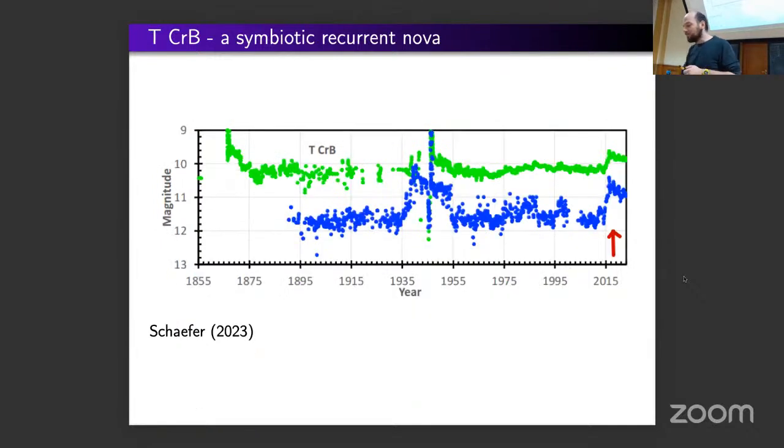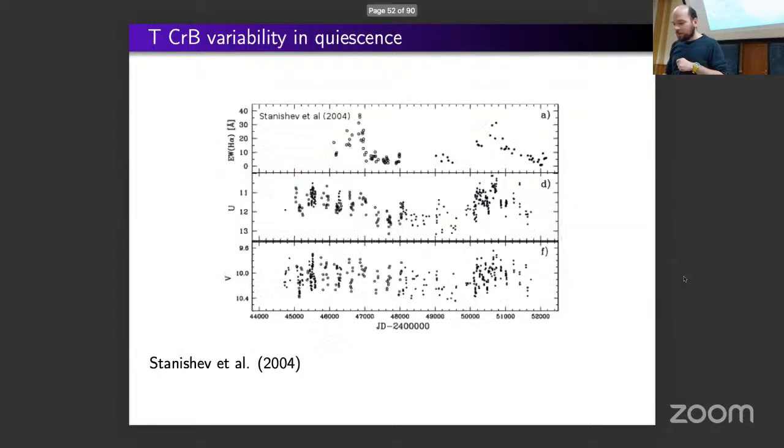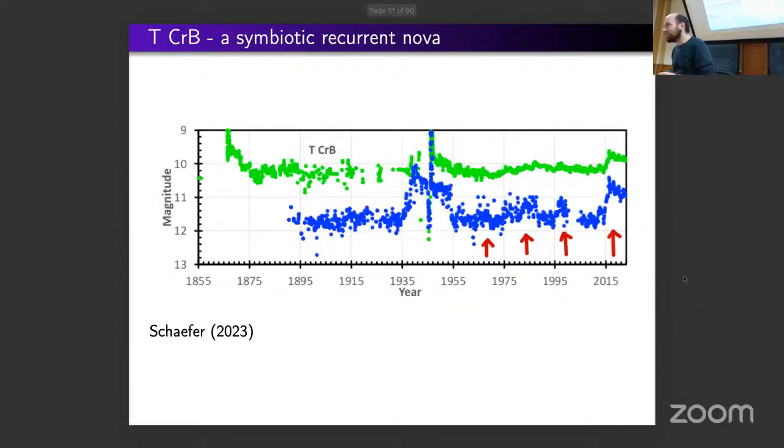So here is a zoom. You can see the most recent variability looks very similar to this. But what got my attention is that we also see other brightenings over the years that are not very well studied. Why are they not very well studied?